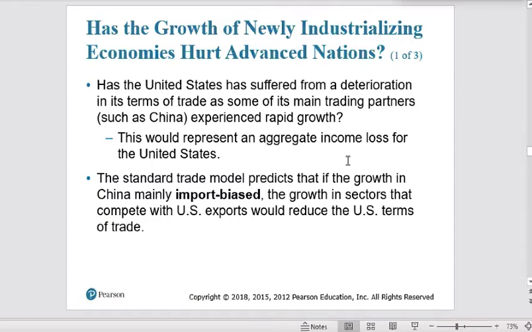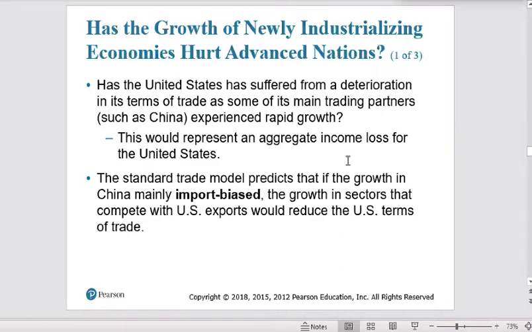Because we often hear the voice from advanced nations that there is job loss to the newly industrialized nations, and then more imports from those countries will destroy the job opportunities at home, things like that, right?